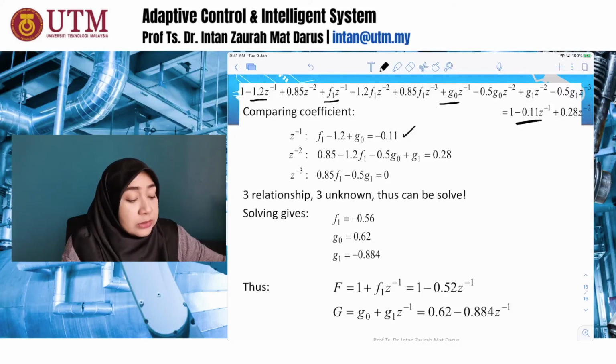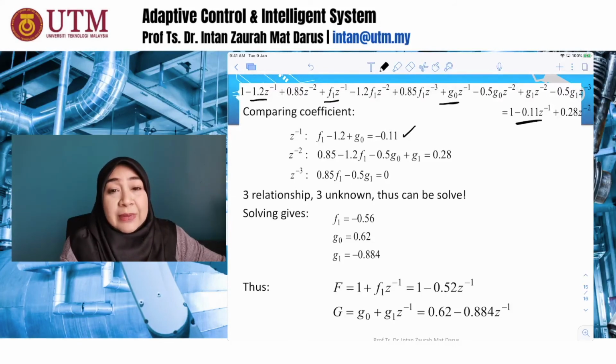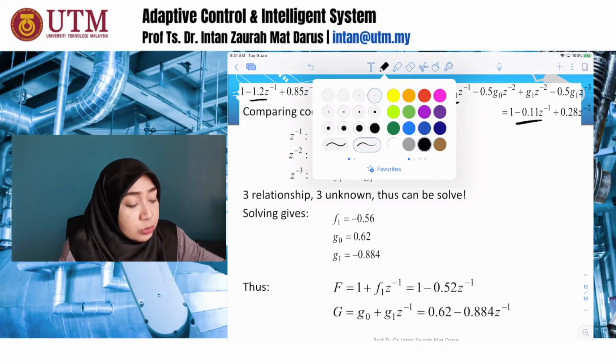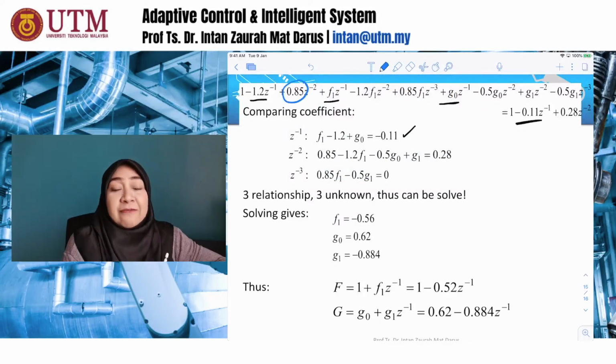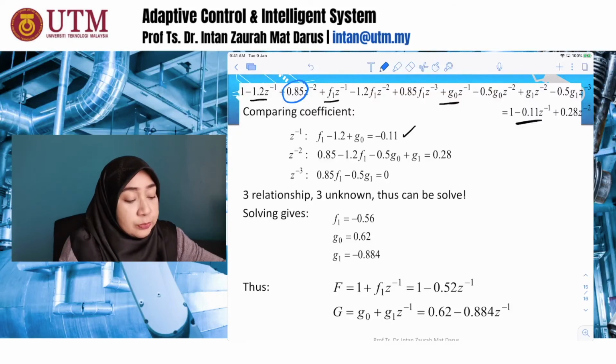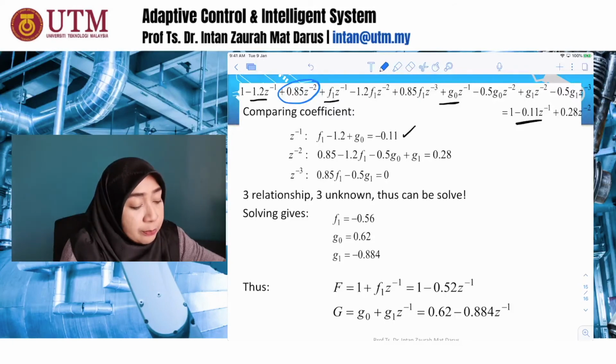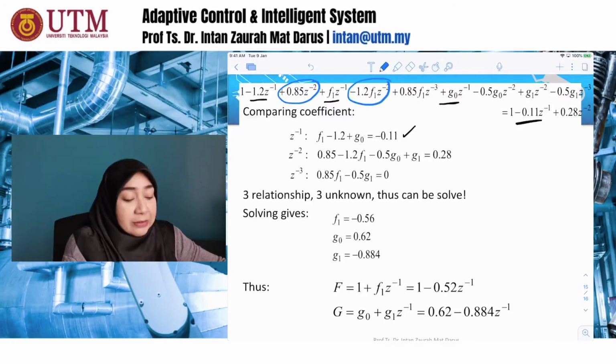Similarly, you're going to do this for your Z minus 2. For your Z minus 2, you have 0.85 here, and then you have minus 1.2 F1 Z minus 2, so you just put that one as minus 1.2 F1.